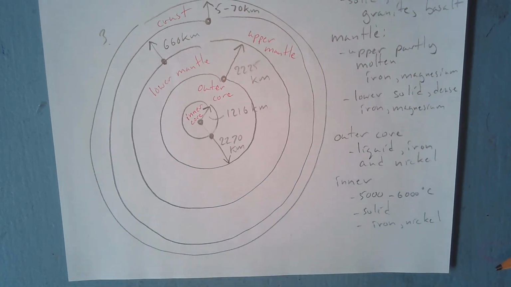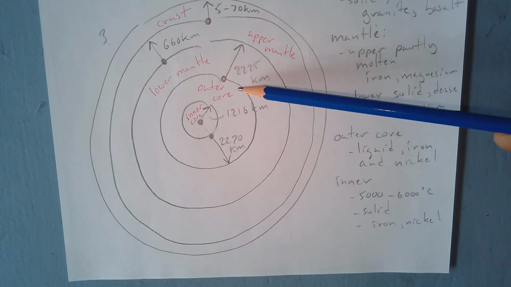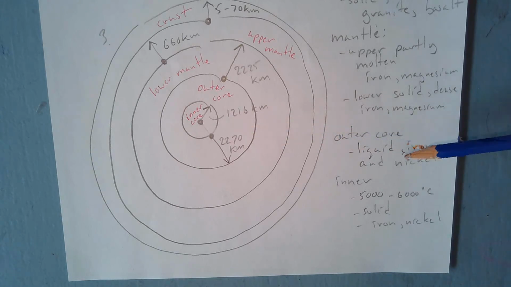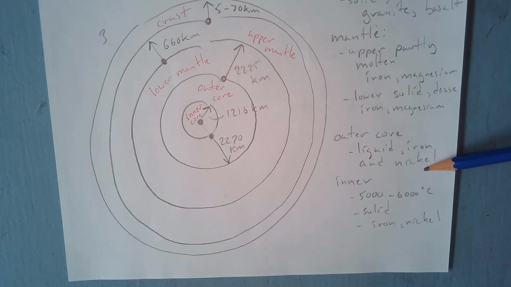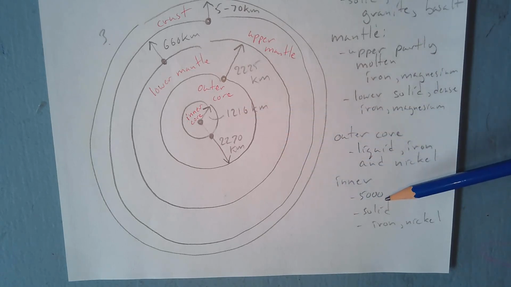Then you have the outer core and the inner core. The outer core is about 2,270 kilometers wide. It's in a liquid state, and it's iron and nickel. Then the inner core is 5,000 to 6,000 degrees Celsius.